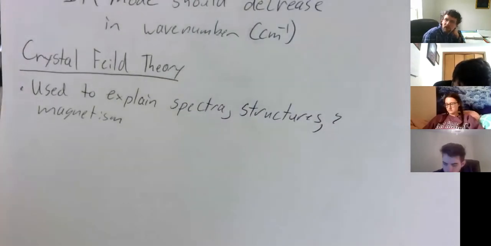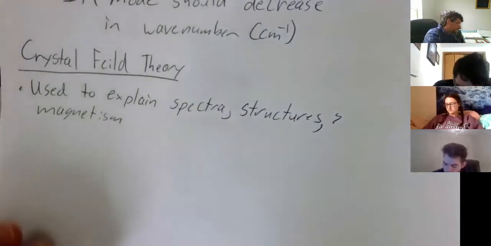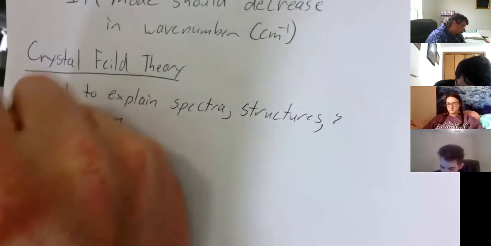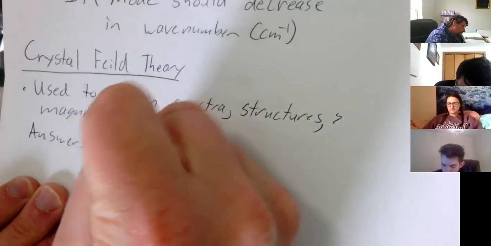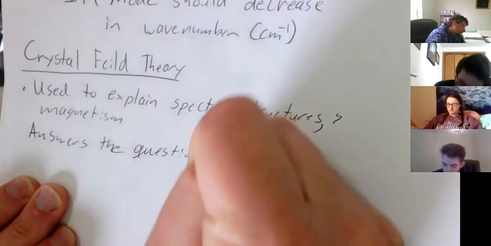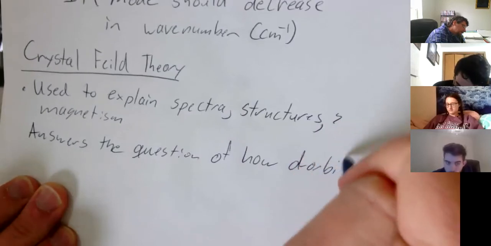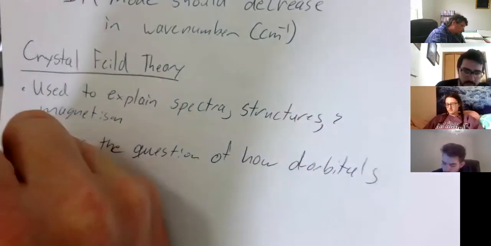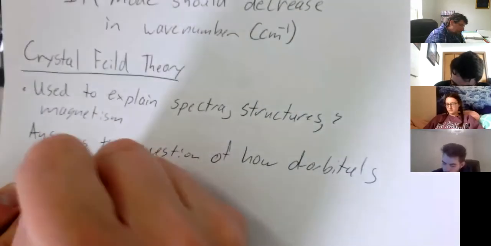And it answers the question, how are the d orbitals influenced by the ligands interacting with that metal center? So it answers the question of how the d orbitals of the transition metal are influenced by the ligand.